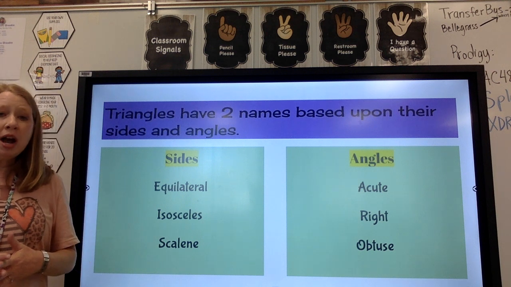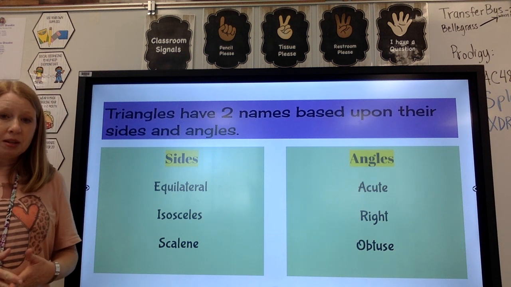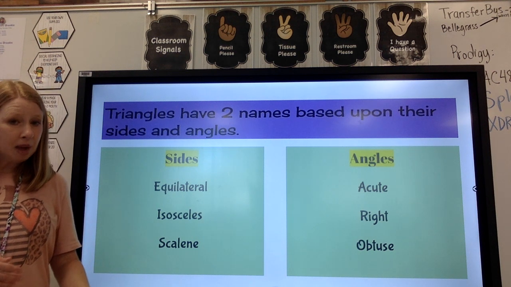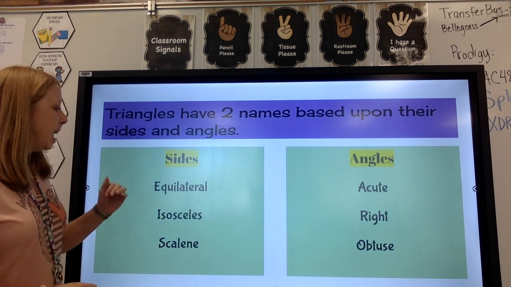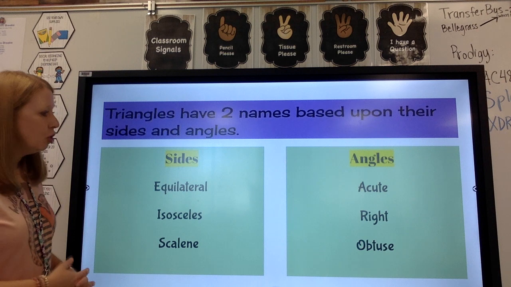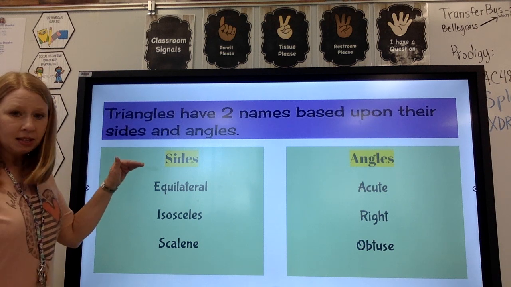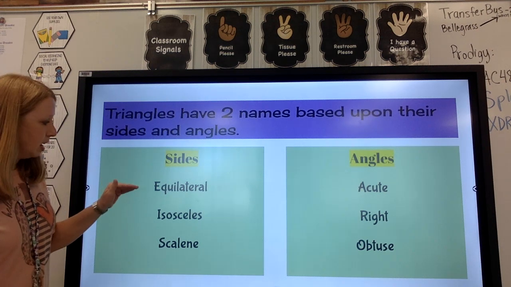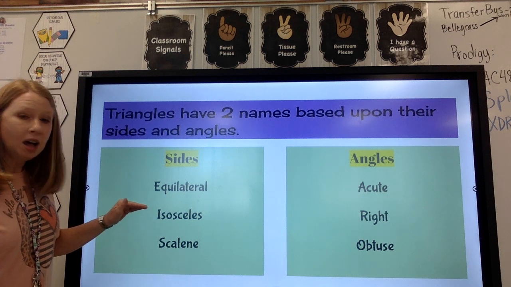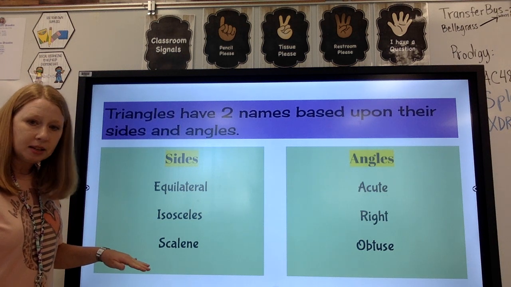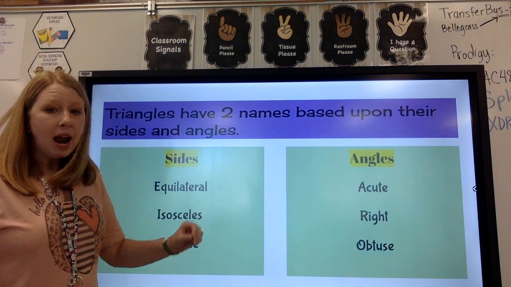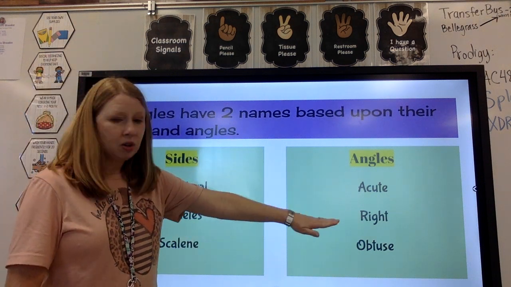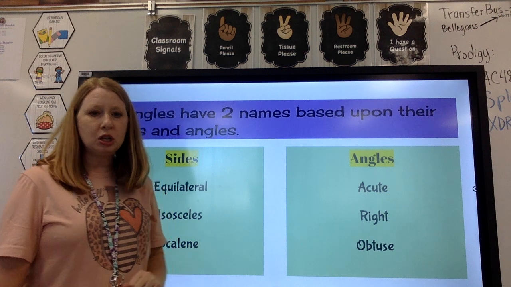Every triangle has two names: one is based upon its sides and one is based upon its angles. I name my triangles by looking at their sides, and I use these words: equilateral, isosceles, and scalene. Then I name it also by its angles: acute, right, or obtuse.